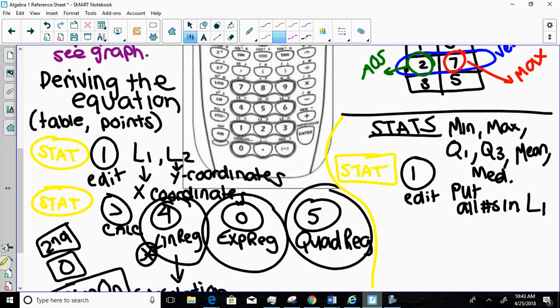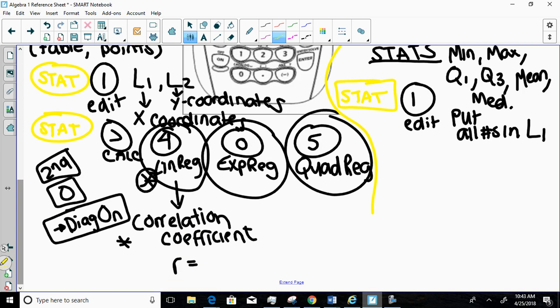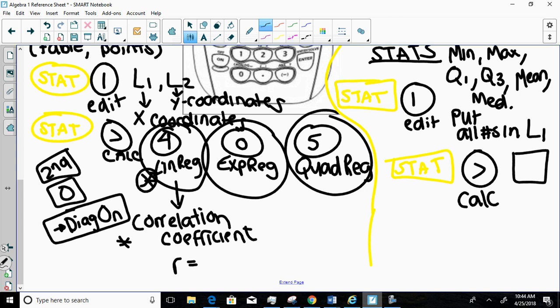Then you press stat again, same thing as this, but instead of lin reg, do you remember what you press? Go over to calc. Something like the first one. Calc says 1-Var Stats, right? And that gives you everything.